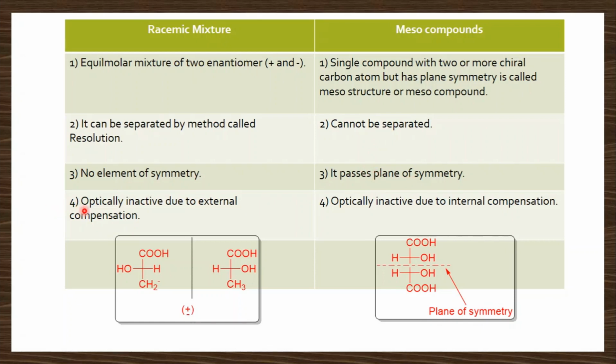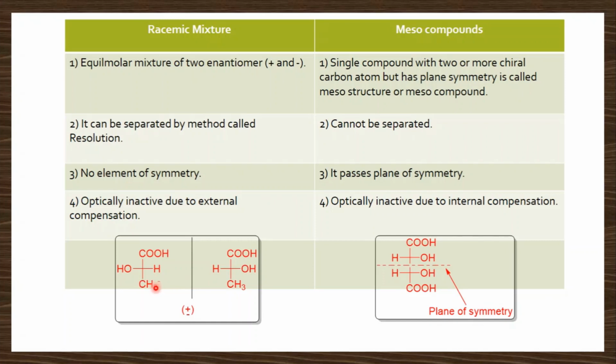Now this fifth point: racemic mixtures are optically inactive, and this optical inactivity is due to external compensation. While the meso compound is also optically inactive, it is due to internal compensation, because the problem is in the structure, the problem is internal, while the other problem is external. One rotates on the right hand side and one rotates on the left hand side.